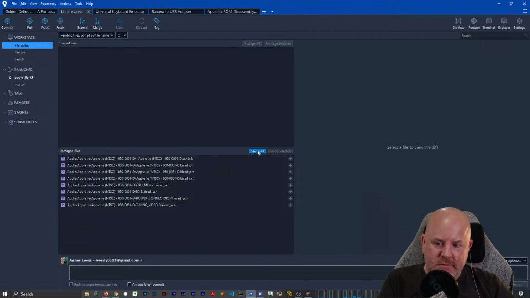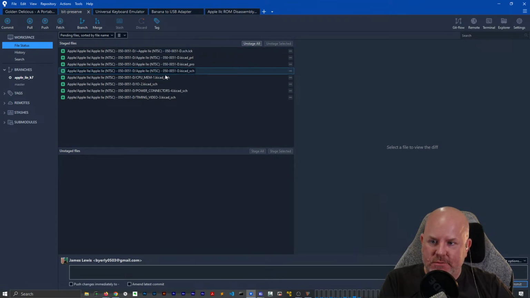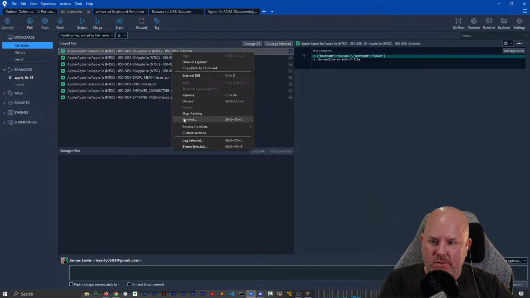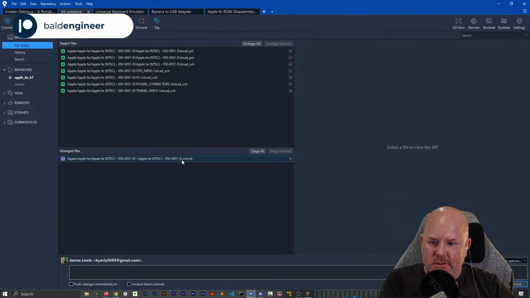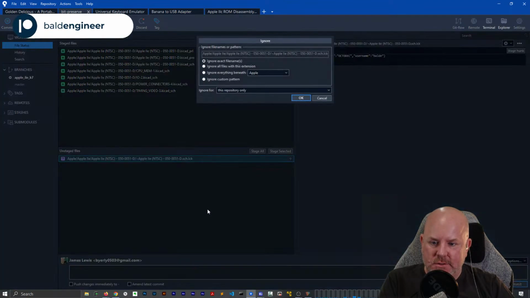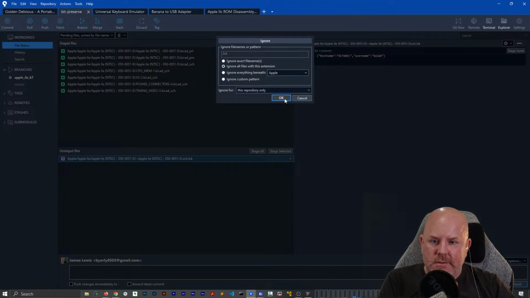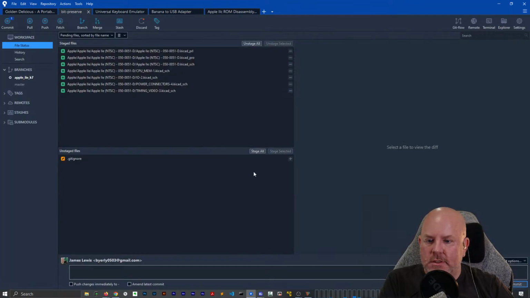Okay, and we didn't do a rescue, right? And we don't have a backup file. Oh, the lock file, we don't want that. Actually, I want to get that out of here. We need to ignore this. This repository only. Okay. So we don't want the lock files.